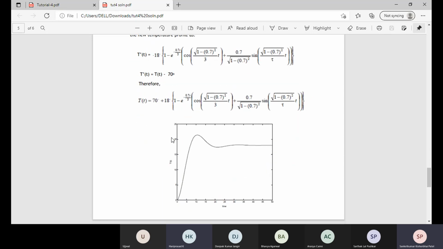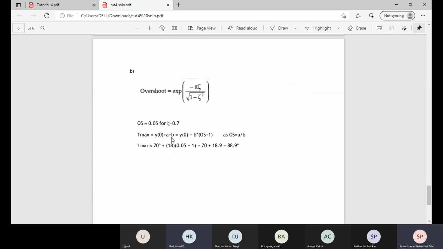Okay, so in the second part, you need to identify the max value. The max value would be the overshoot most of the time. So it is the steady state value plus the overshoot value. So this is something that you can do.